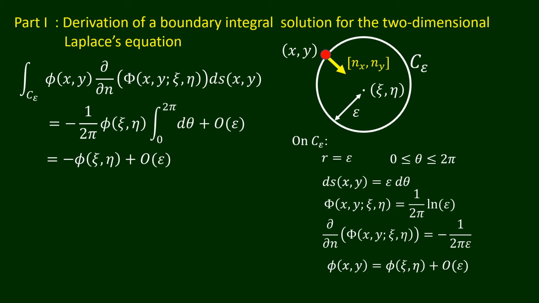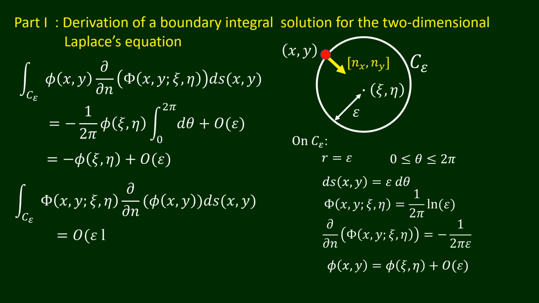Similarly, we find that the integral over C epsilon of capital Phi, del phi over del n, ds, equals O(epsilon natural log epsilon) terms. Hence, the first integral tends to minus phi(xi, eta), and the second integral tends to 0, as epsilon tends to 0 plus.